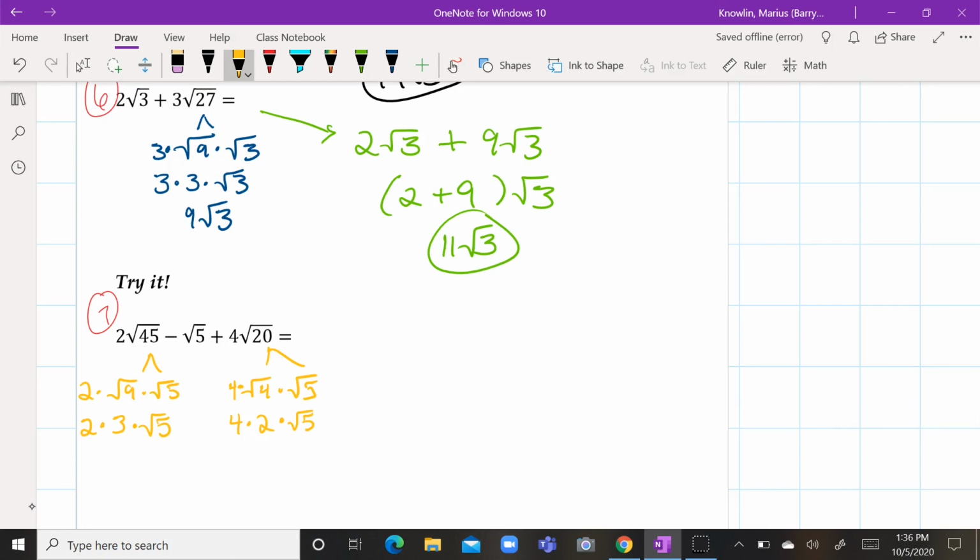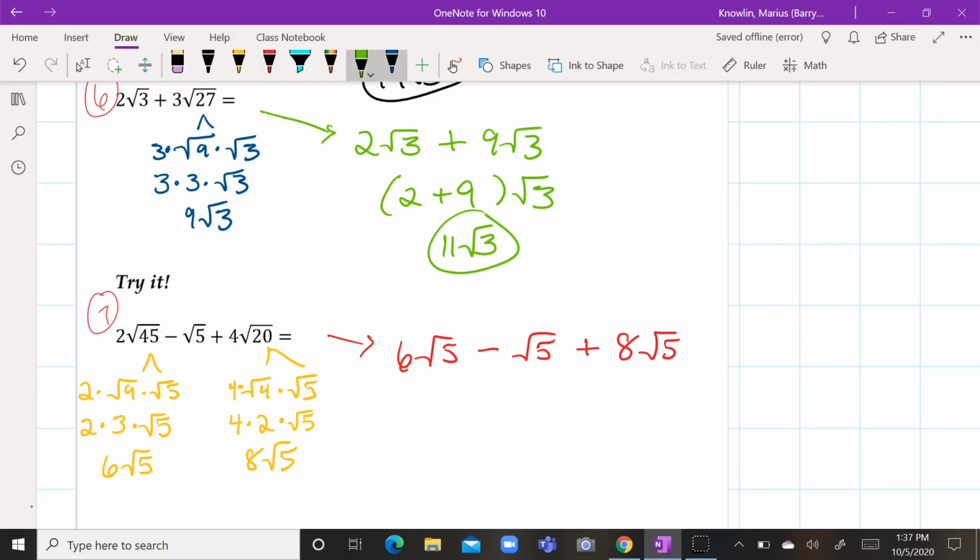The final part to simplify is 6 square root 5 right here, and 8 square root 5 over here. Now we can rewrite it. We're going to have 6 square root 5 minus the square root of 5 plus 8 square root 5.